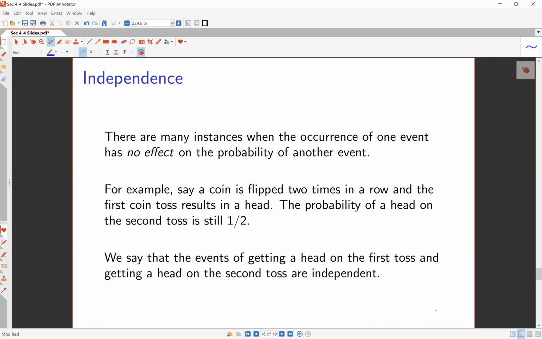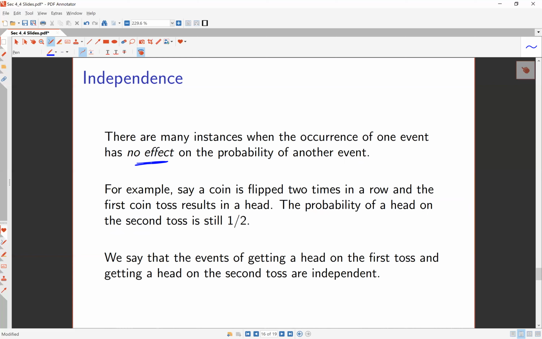Now, sometimes, even if events play out in sequence, it's the case that one of them has no effect on what happens next. In the case of drawing cards, clearly there's a downstream effect. If I draw a spade now, it's not in the deck to be drawn later. So what happens now affects what's possible later.